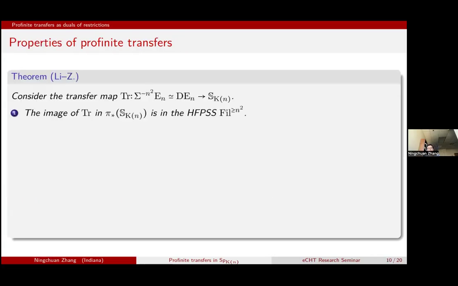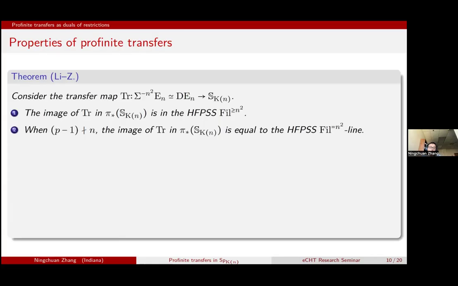The properties are: first, the image of the transfer in the homotopy of the canonical sphere has homotopy fixed point filtration at n squared. That's for all heights and primes. Second, when the prime is large enough, when p minus 1 does not divide n, then the image is precisely the filtration n squared line.